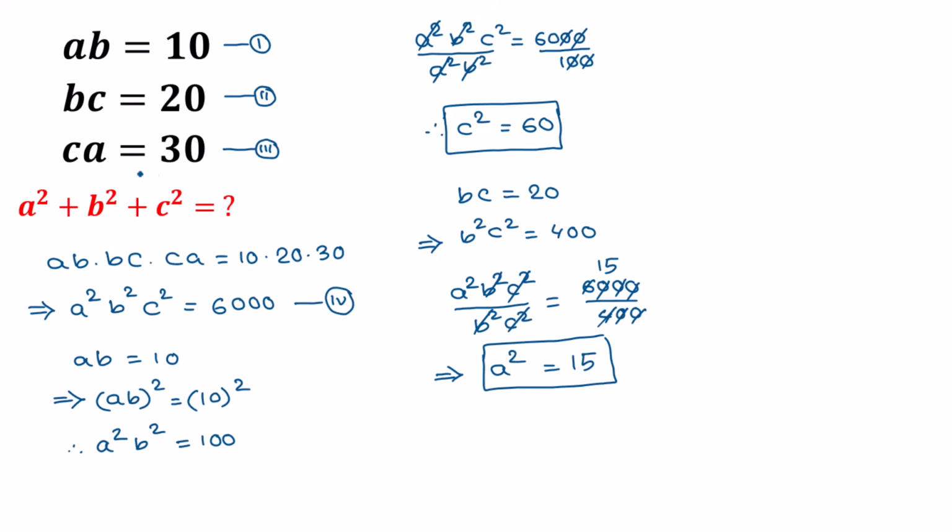And finally, we have CA is equal to 30 from equation 3. So CA is equal to 30, and taking a square to both sides, we'll get C square A square is equal to 30 square is 900.